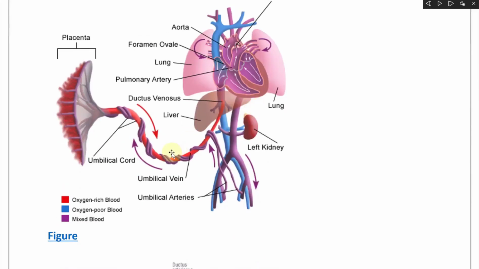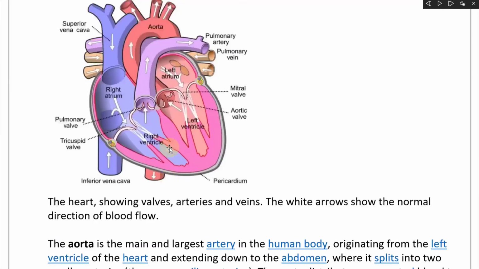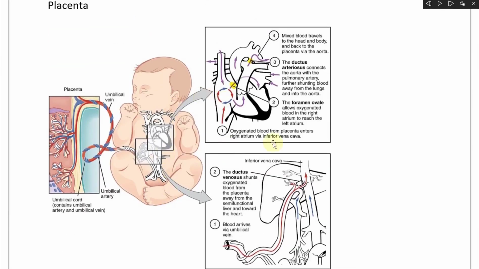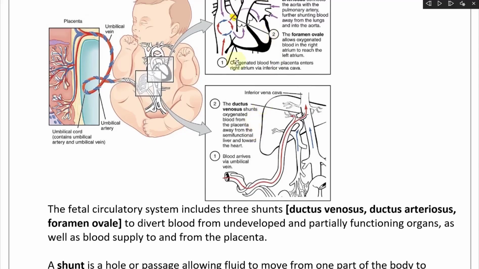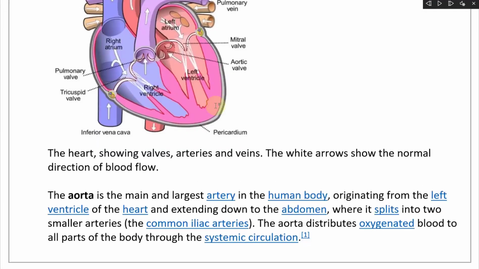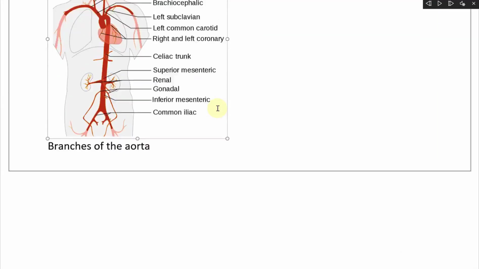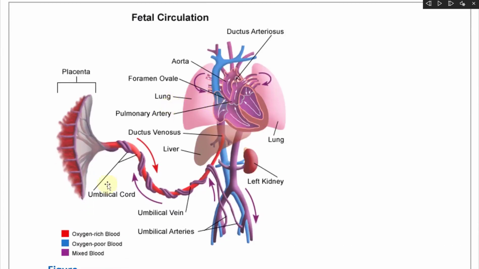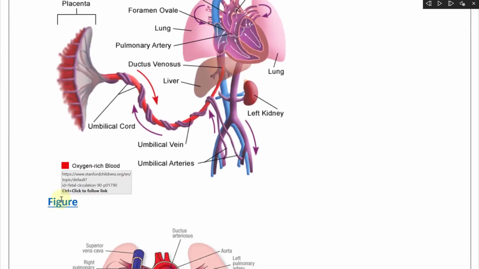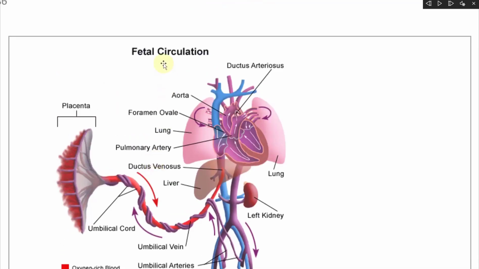I'm going to look at that earlier figure again, but just a different figure, just to provide a different perspective, or just a different image to illustrate this a bit better. So that image is more text. This one has a better illustration right here. So this figure is from stanfordchildrens.org. So here's fetal circulation.